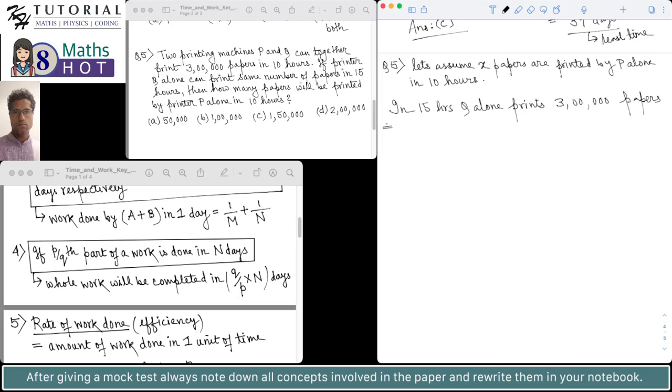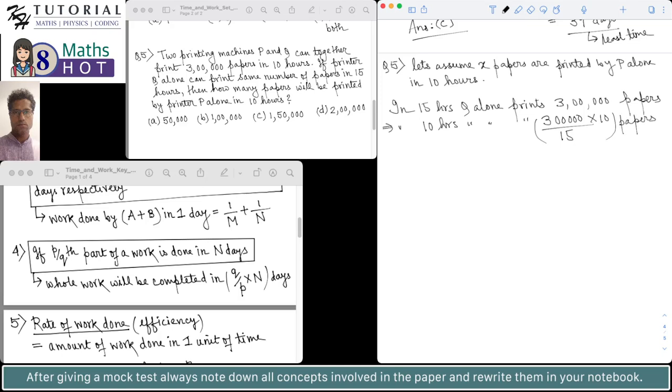So this will imply that using the basic concept of unitary method, in 10 hours Q alone prints 3 lakhs divided by 15 multiplied by 10, this many papers.